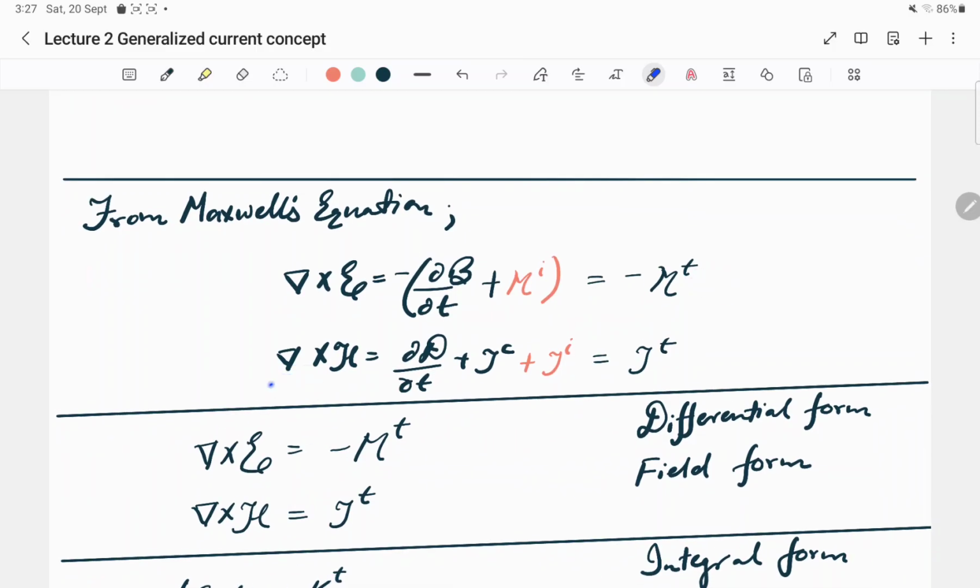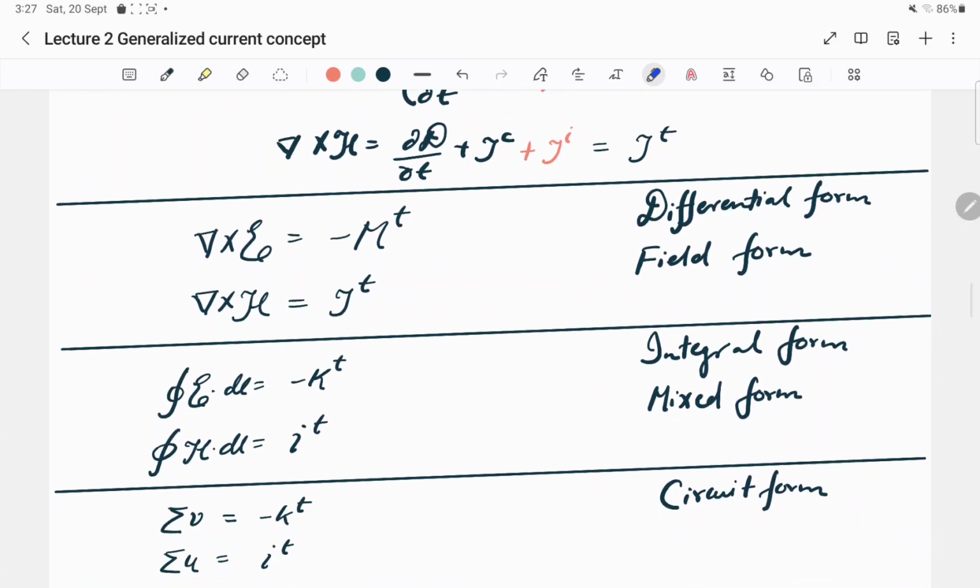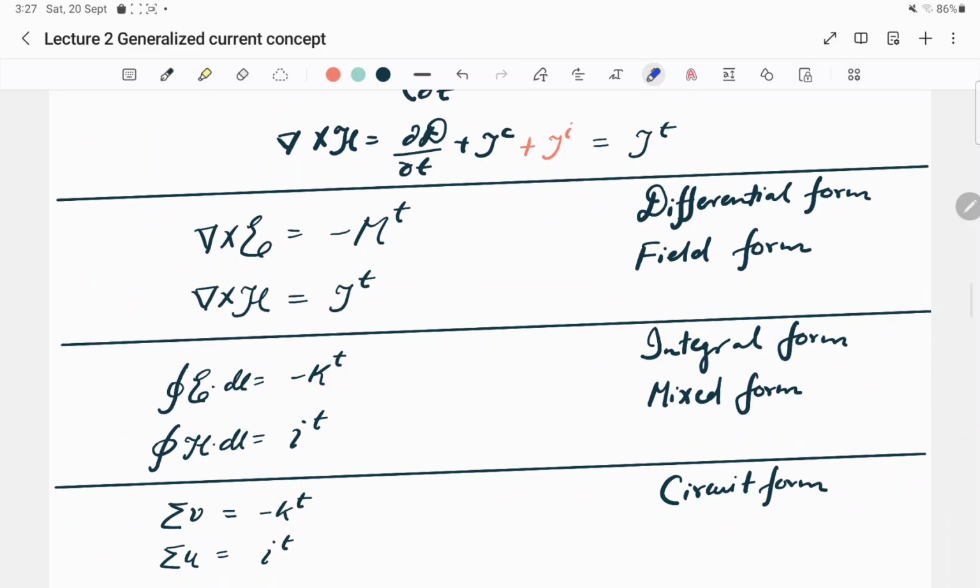Similarly, from Maxwell's equation, we know that del cross H is equal to delta D over delta t plus Jc plus Ji, where Ji is the impressed or the source current. Therefore, the total current becomes Jt. Hence, Maxwell's equation in differential form in terms of field quantities is written as del cross E is equal to minus Mt, del cross H is equal to Jt.